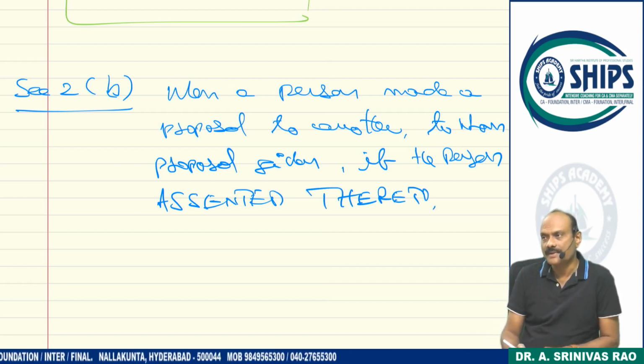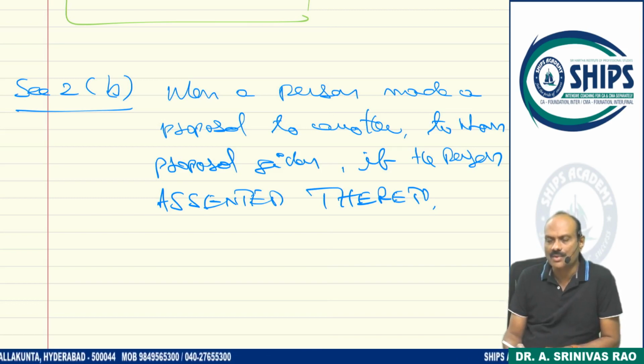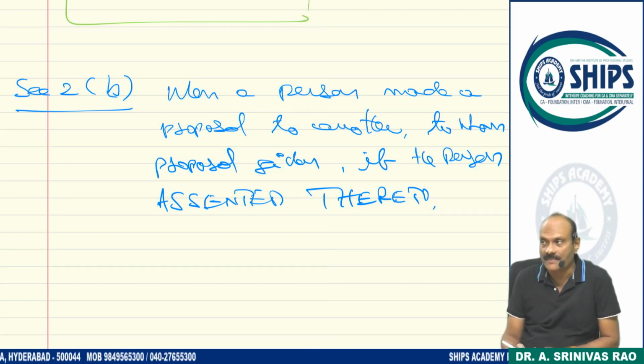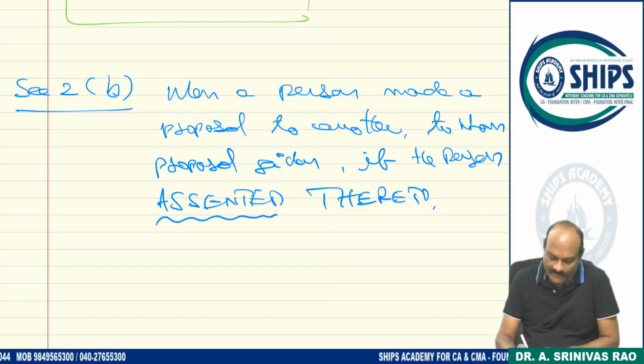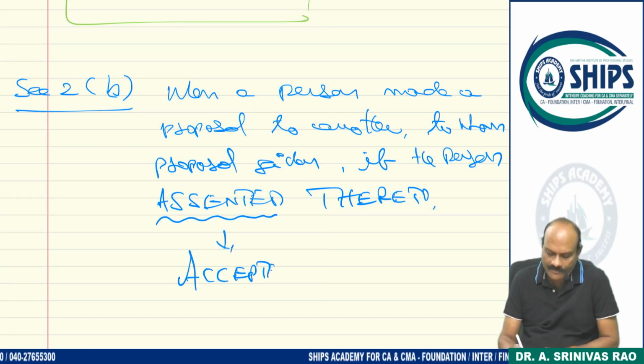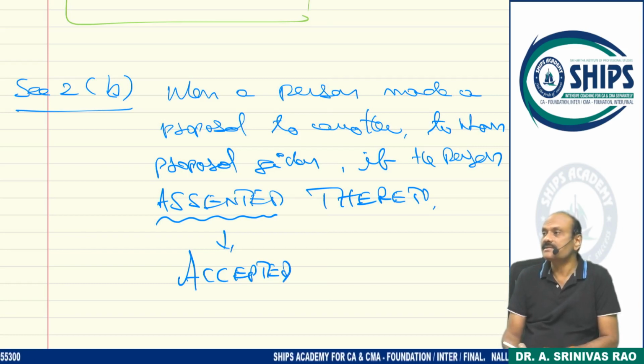Thereto is a compound word. See on the board, on the screen, and verify. When a person makes a proposal to another to whom the proposal is given, if the person assented thereto. Assented means accepted. Assented means accepted.